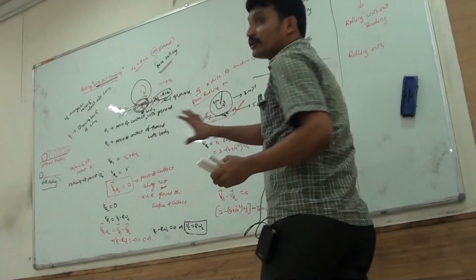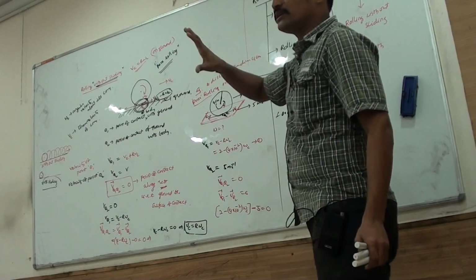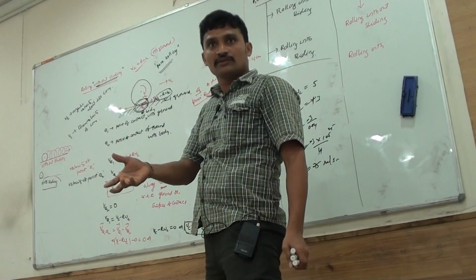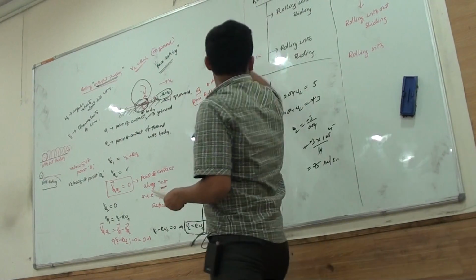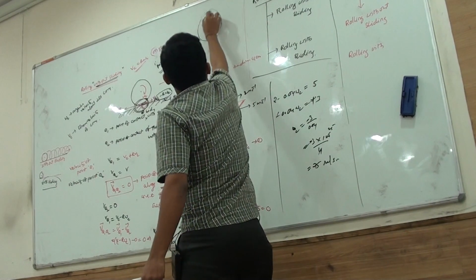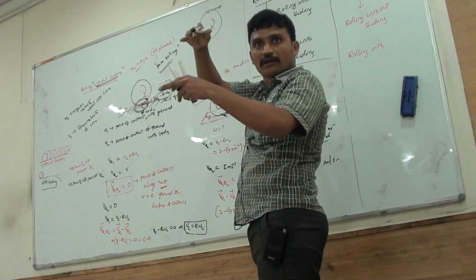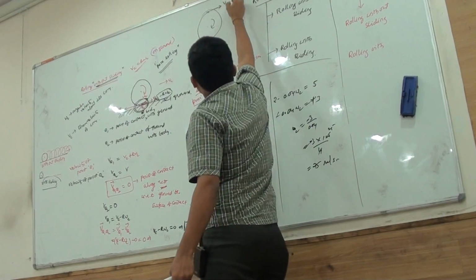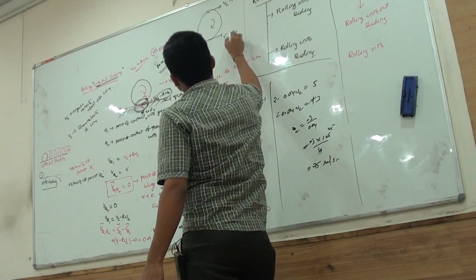Let me repeat the point once. What is rolling motion? Rolling motion is nothing but the combination of both translatory and rotatory motion. We already discussed that when the body is in rolling motion, the topmost point, rotating clockwise like this, has more velocity. The topmost velocity is greater than the bottommost point.